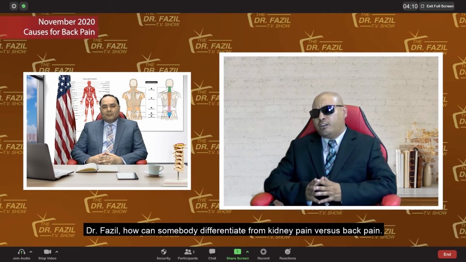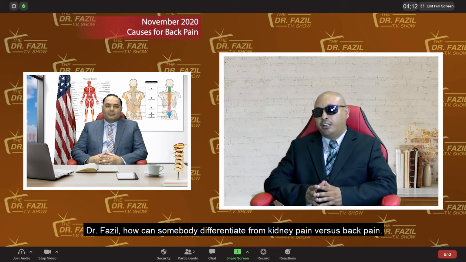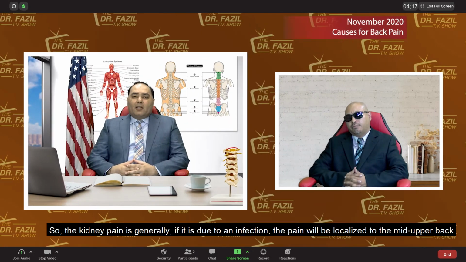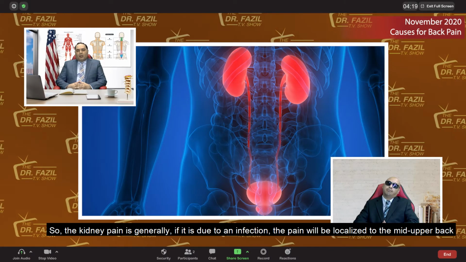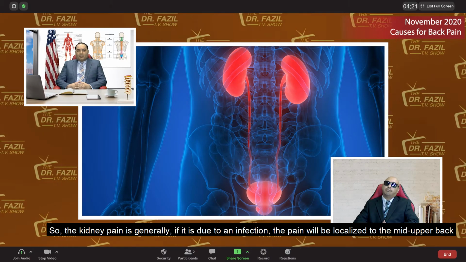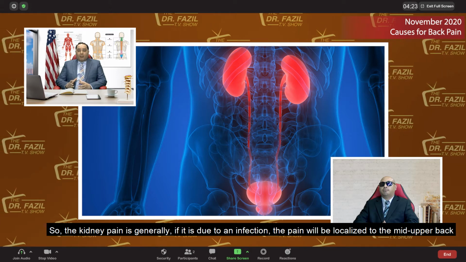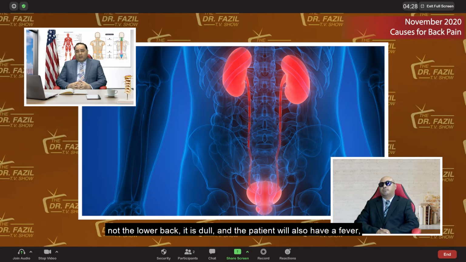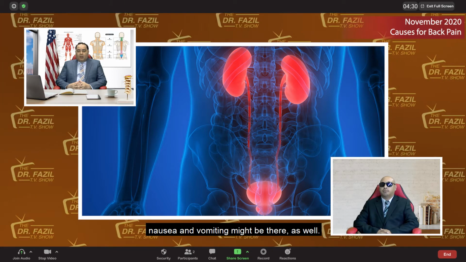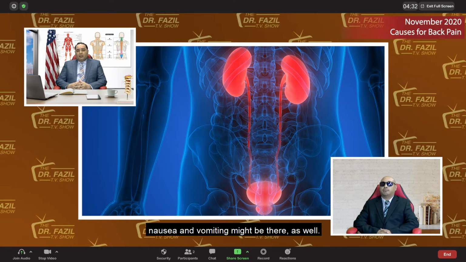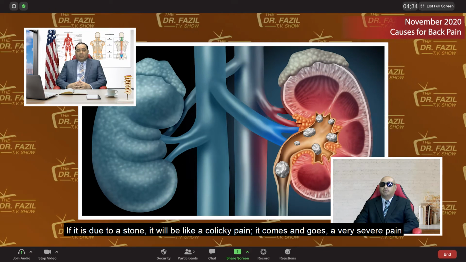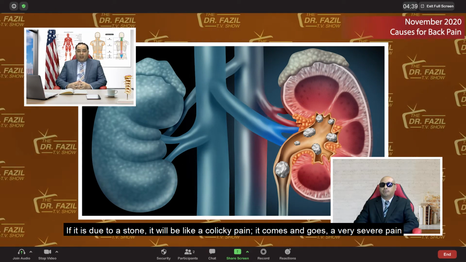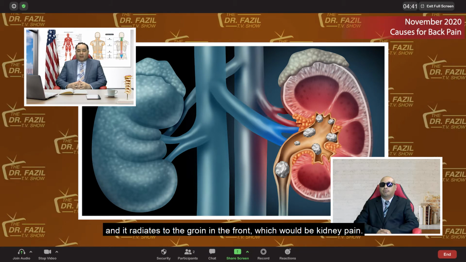And Dr. Fazil, how can somebody differentiate kidney pain from back pain? Kidney pain, if it is due to infection, will generally be localized to the mid upper back, not the lower back. It is dull, and the patient will also have fever, and nausea or vomiting might be there as well. If it is due to a stone, it would be a colicky pain. It comes and goes, very severe pain, and it radiates to the groin in the front.